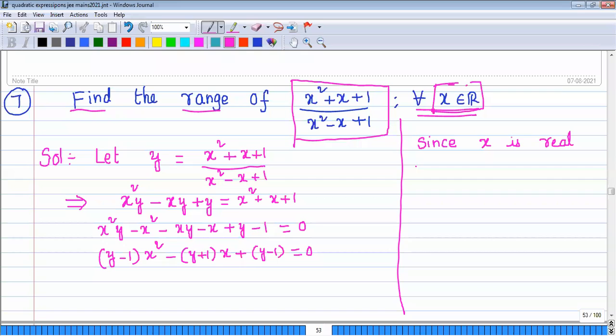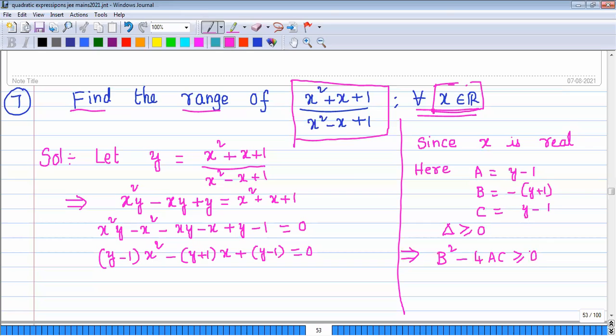Here the coefficient of x square, a, is equal to y minus 1. The coefficient of x, b, is equal to minus of (y plus 1). The constant term c is equal to y minus 1. So the discriminant delta is greater than or equal to 0, where delta is b square minus 4ac.